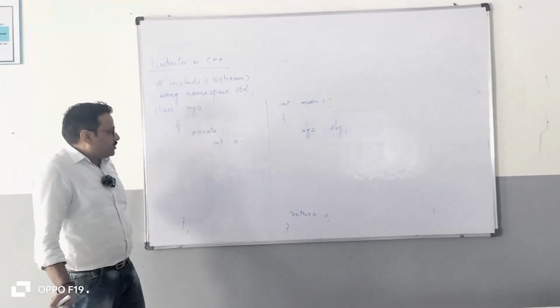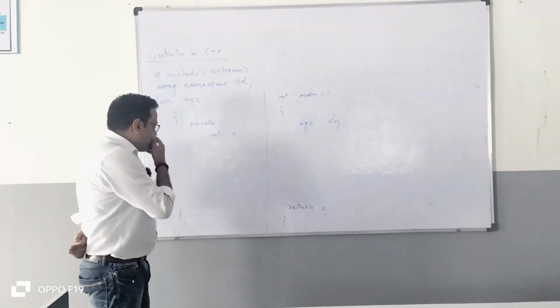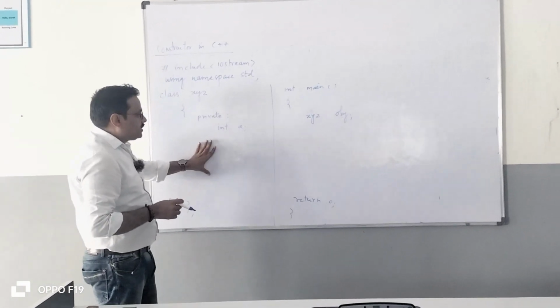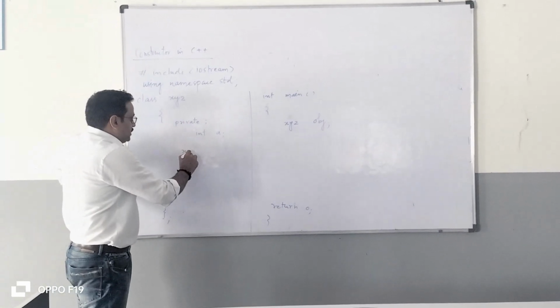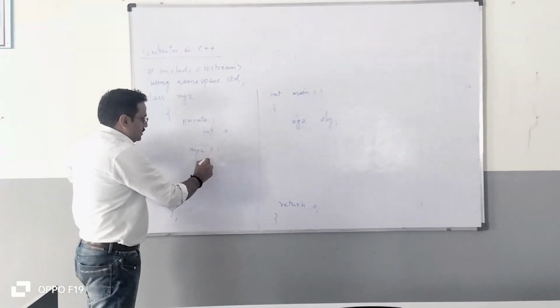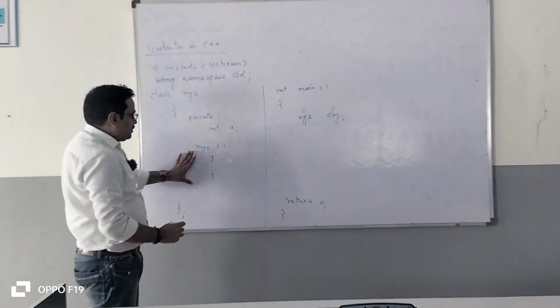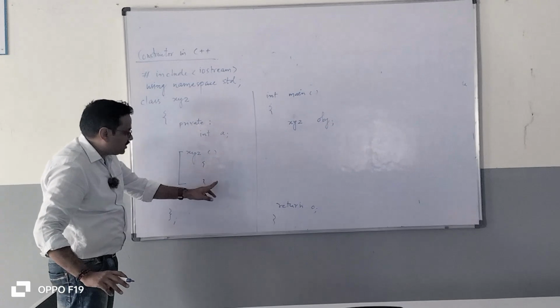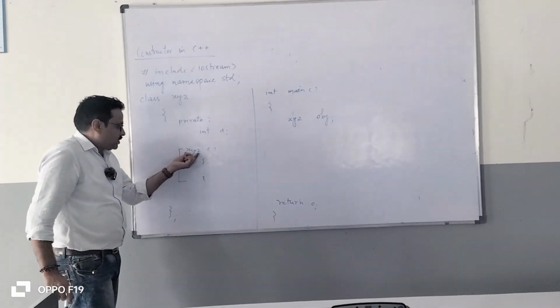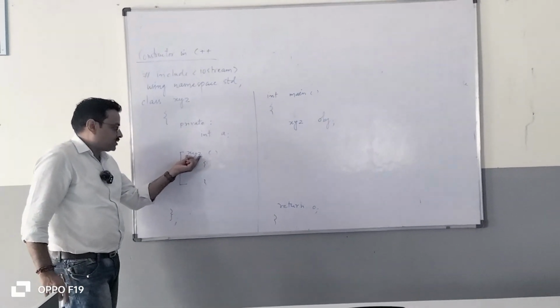And how that will work? See, the skeleton of the default constructor is like this, but this is not written. The compiler will treat that as if this is written here, like this is the name of the constructor.